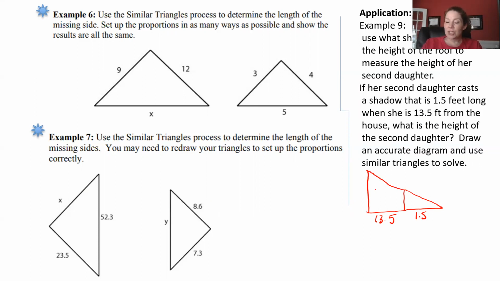Mary decides to use what she knows about the height of the roof to measure the height of her daughter. If her second daughter casts a shadow that's 1.5 feet long when she's 13.5 feet from the house, what is the height of the second daughter?